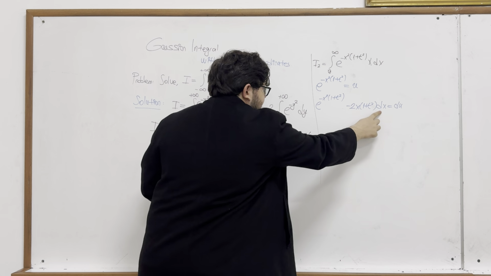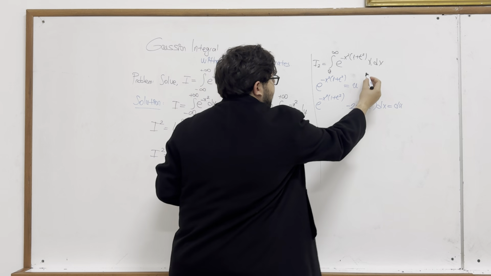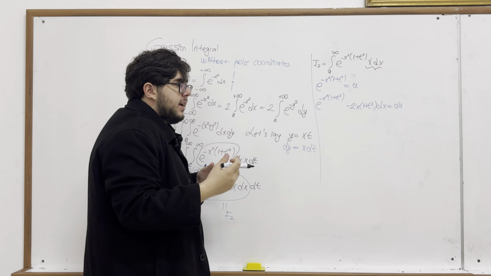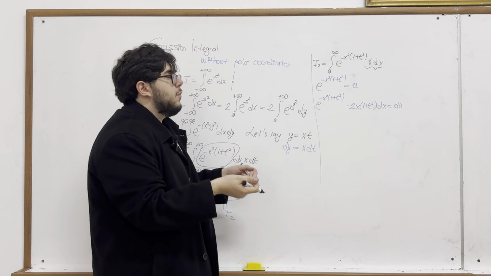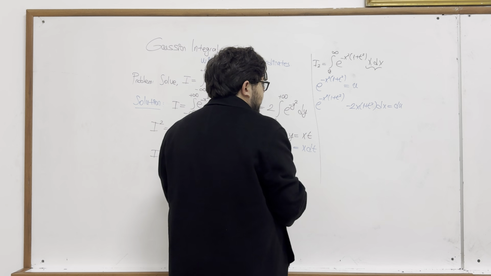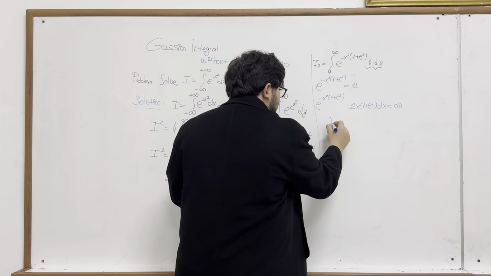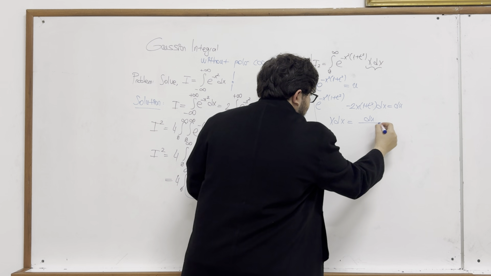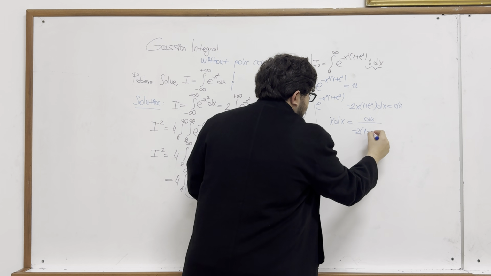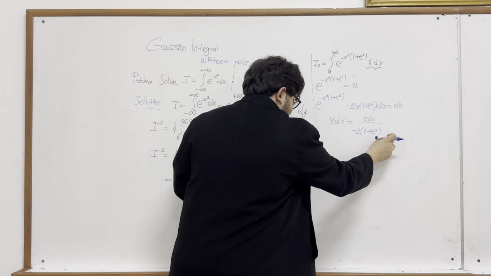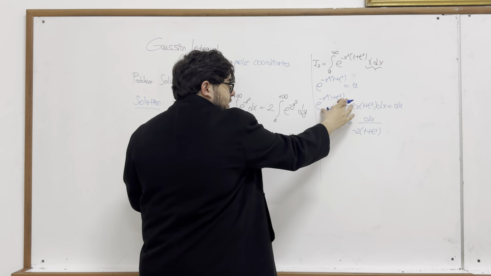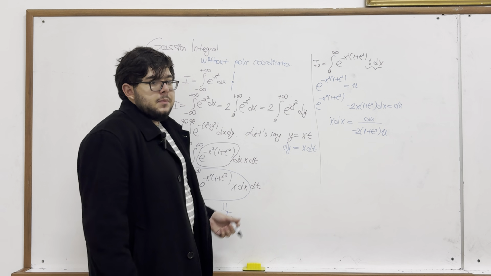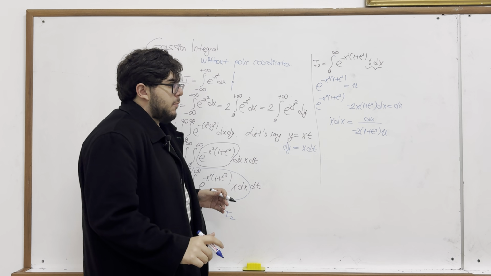I need x dx because I have x dx right here. So I have to find what x dx is in the u world. So let's take this alone, which is x dx is equal to du divided by minus 2 (1 plus t squared) divided by this. What's this? This is u. So u here. Okay? So we don't have any problem right now.